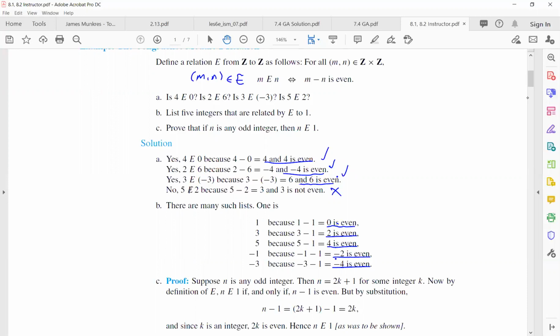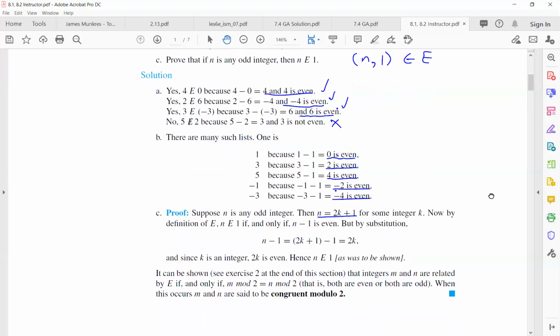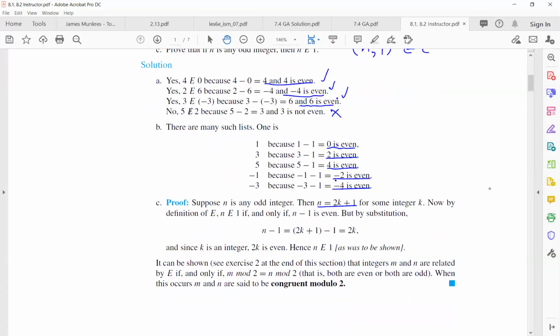Part C says, prove that if n is any odd integer, then n is related to 1 through E. So let us use the definition to prove this. n is any odd integer, so n can be written as 2k plus 1, where k is any integer.